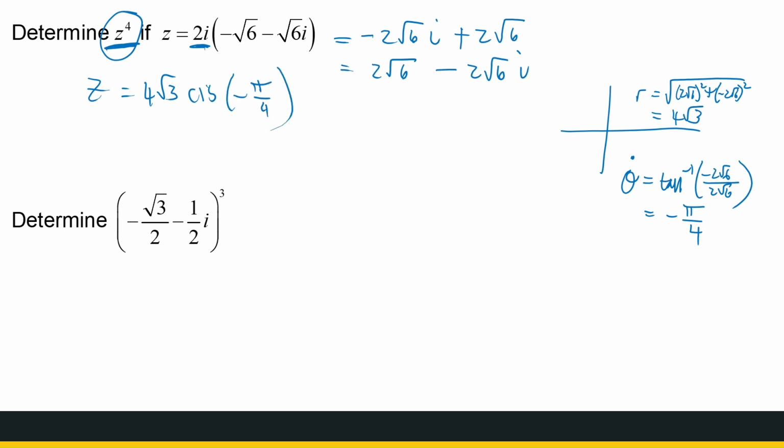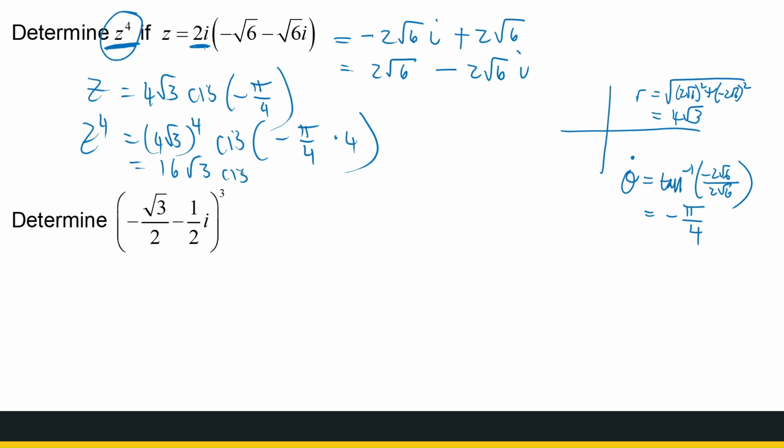Now we use de Moivre's law. Z to the power 4 is 4 root 3 to the power 4, cis of minus pi over 4 times 4. And that gives me 16 root 3 cis minus pi. There we go.